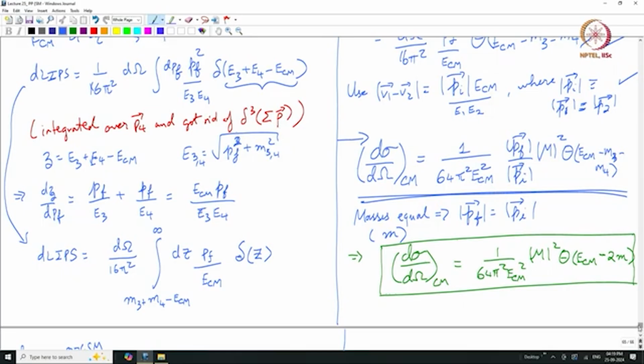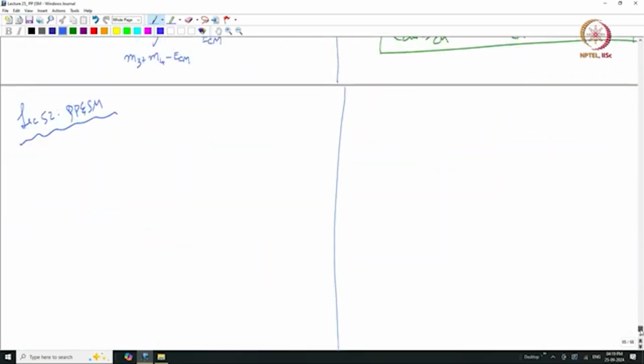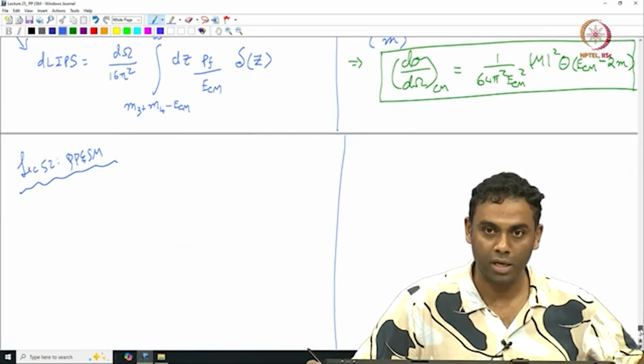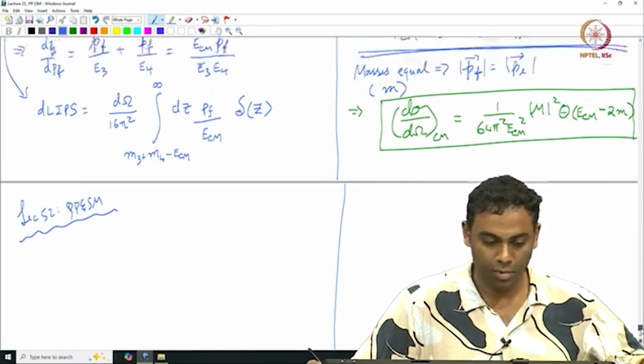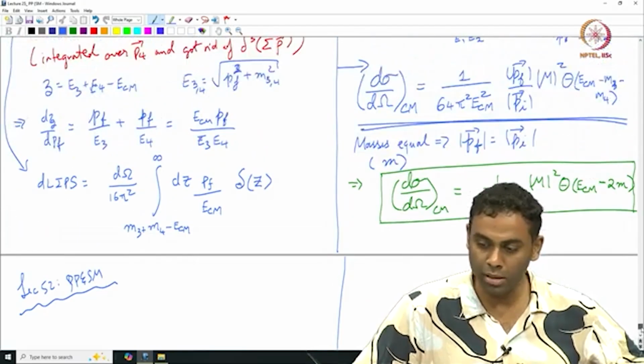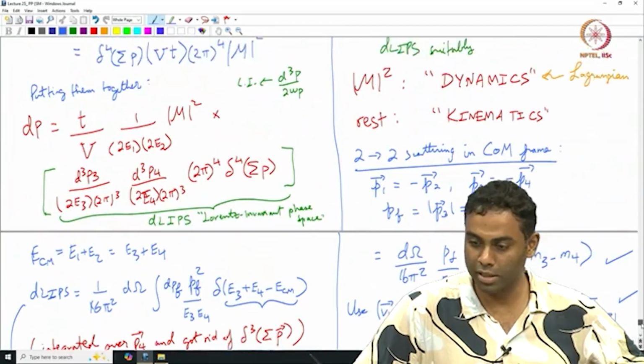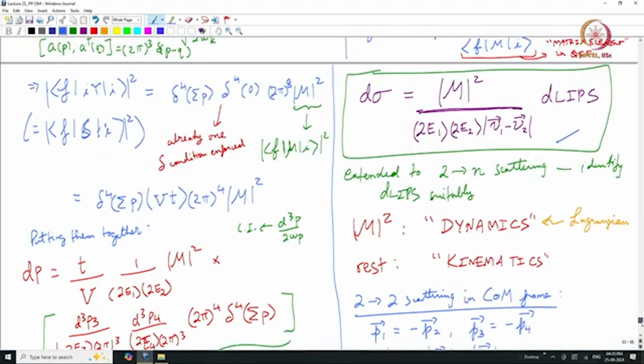Okay, so in this class we are going to move on to the notion of decay, but before I do that let me point out one little important thing which we will use again in decay. When we wrote the differential cross section, there was a virtue in separating out the Lorentz invariant phase space. Why is that? Put differently, is the cross section a Lorentz invariant quantity?